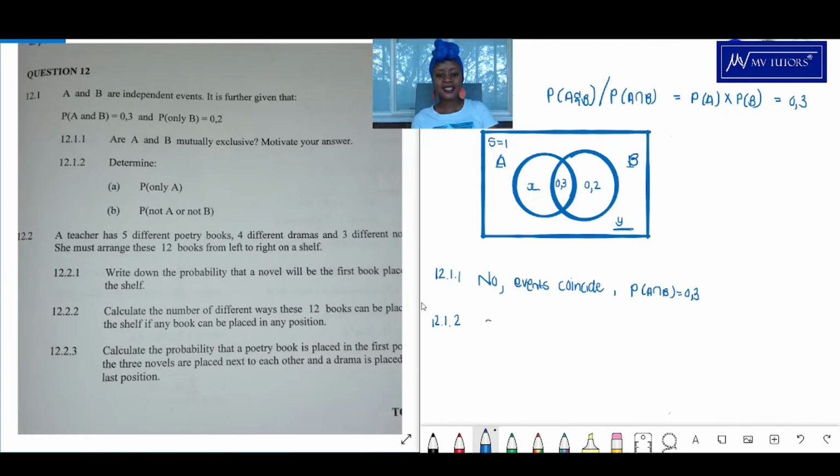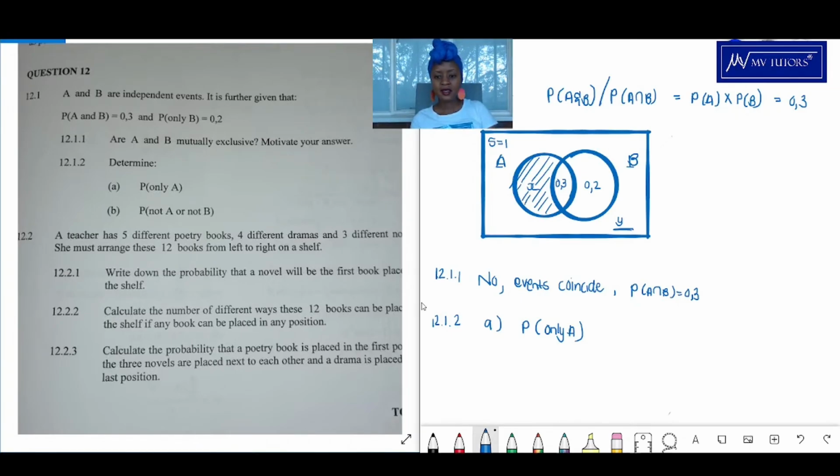Now 12.1.2, they say determine the probability of only A. Basically, if we look at our diagram, it's the part where we have X. What is only A?